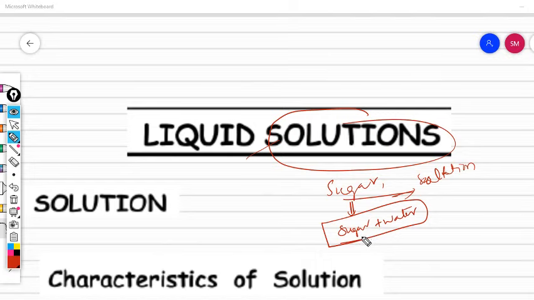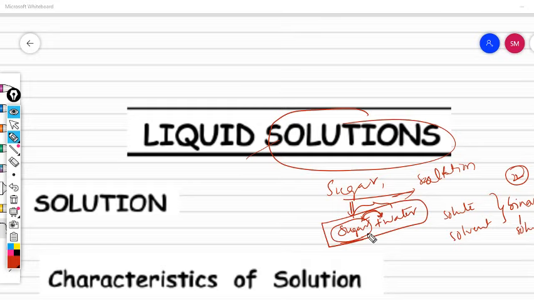Based on their quantity, we can define whether it is a solute or a solvent. If it is made up of two components, we are going to call it a binary solution. Okay. So with this example, you might have got the idea that a solution is a combination of two components.